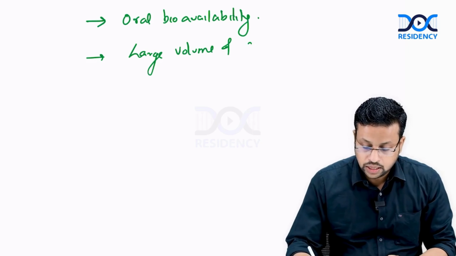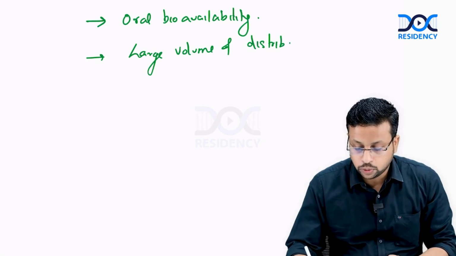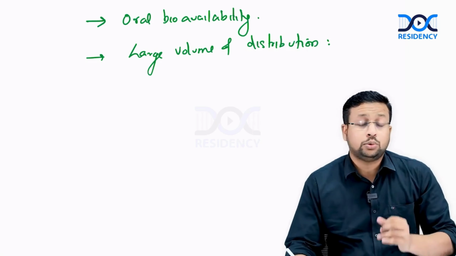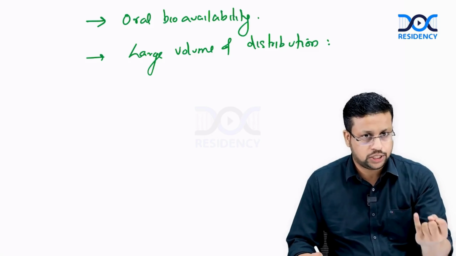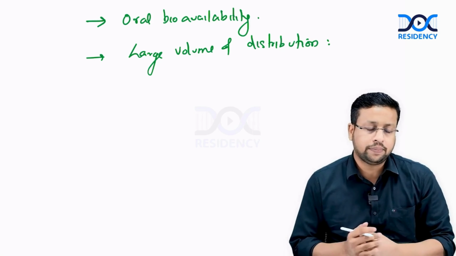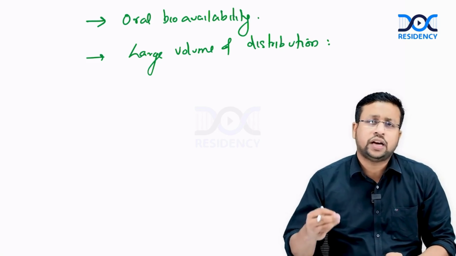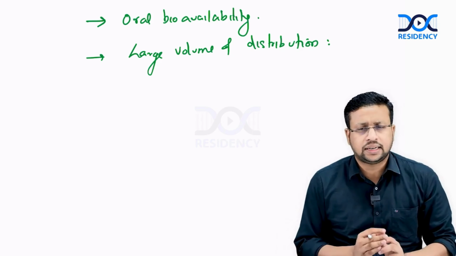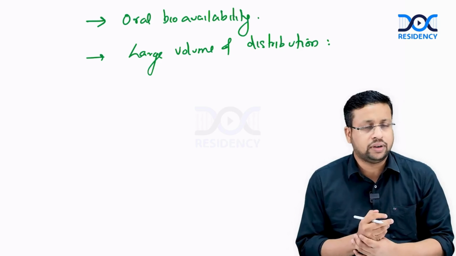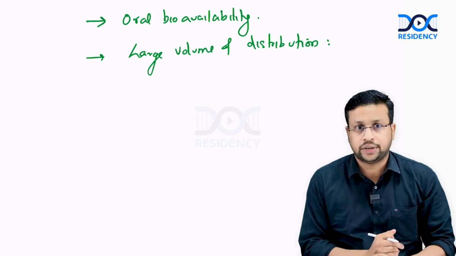An antibiotic with a large volume of distribution distributes well into tissues like prostate, lung, bone, etc. So if you have a prostatic abscess, pneumonia, or osteomyelitis, these drugs will penetrate well into these tissues and have an excellent antibiotic activity there.